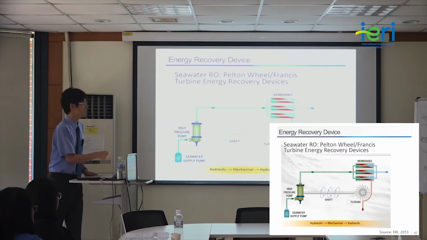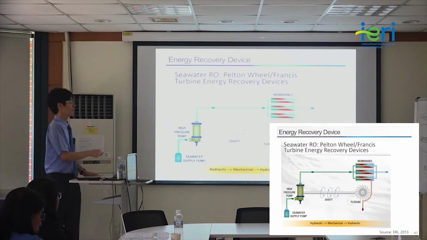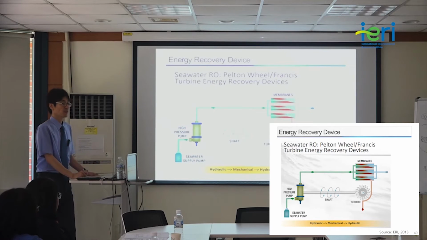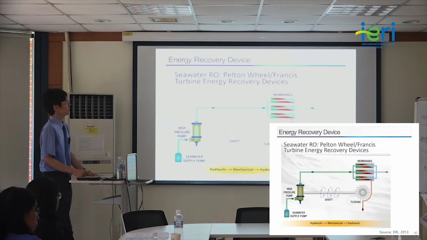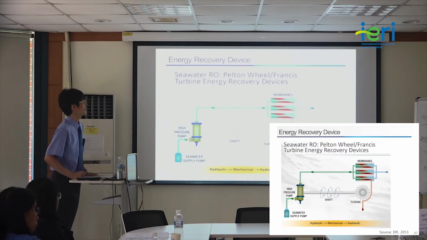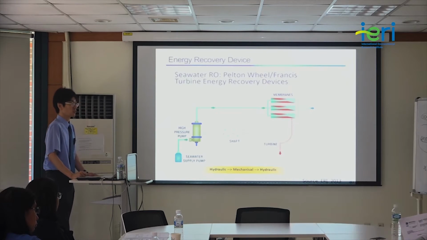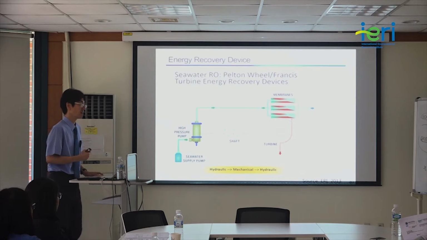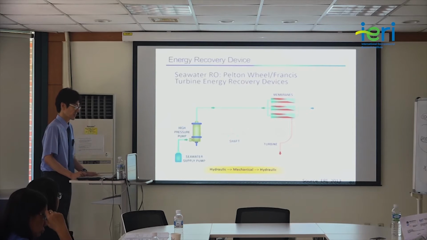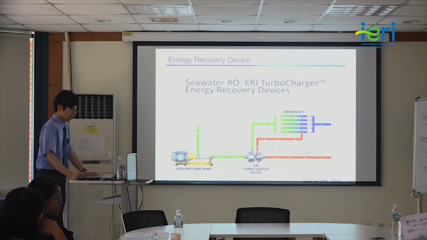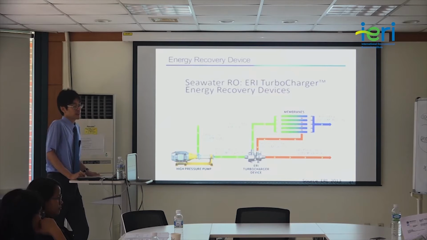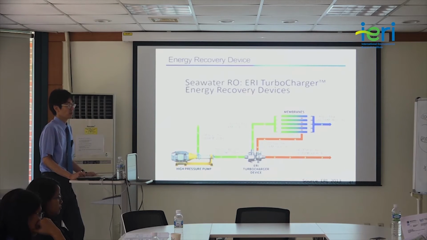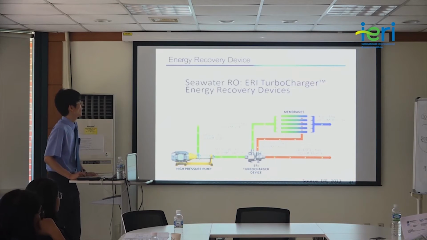So we have two conversions, and of course, during these conversions, we'll lose a lot of energy. This is why this Francis turbine or Pelton wheel type of energy recovery device is not as efficient as the other types. So nowadays, nobody uses this type of energy recovery device.